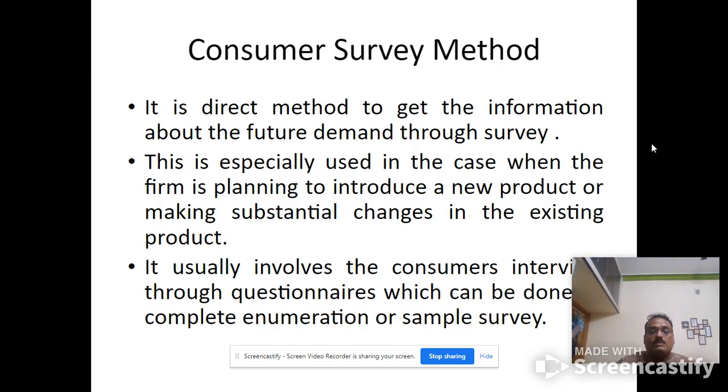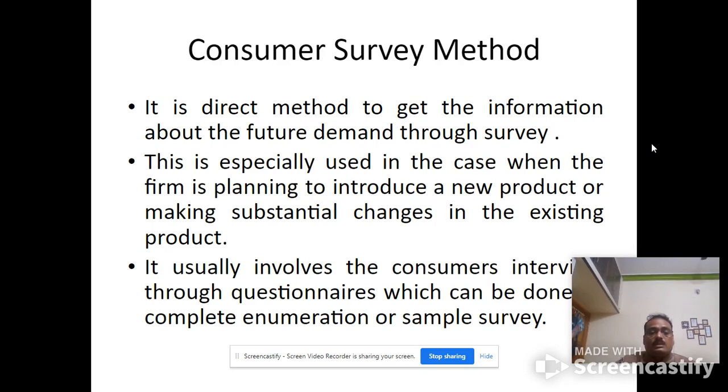So, in the consumer survey method, generally we collect the information from the consumer through a survey. A survey basically involves a good questionnaire which must be prepared by the surveyor or the researcher, and the person who will be interviewing the people must not have any kind of biasness or prejudices in his mind, and the person must have good understanding about the product, and he also must be able to communicate properly to the respondents.